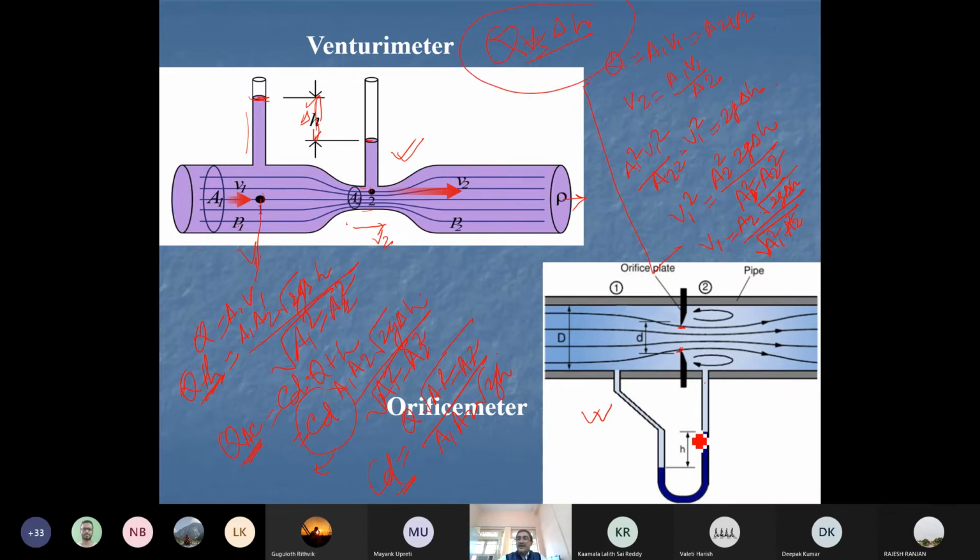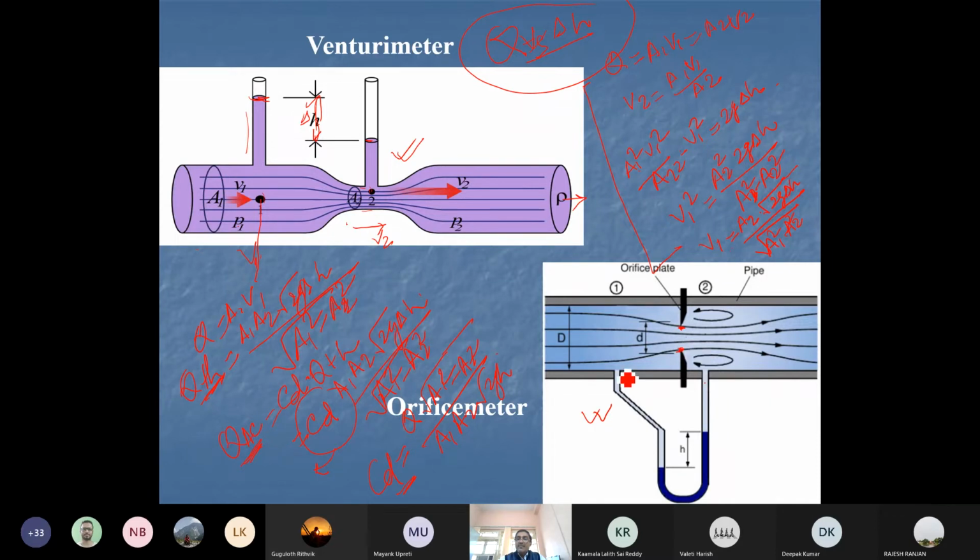Here as well, it is head difference. This is the Orificemeter, or orifice, which is fitted. Because of this reduced opening of the flow passage, it will increase the velocity for the same discharge condition, which will reduce the pressure.